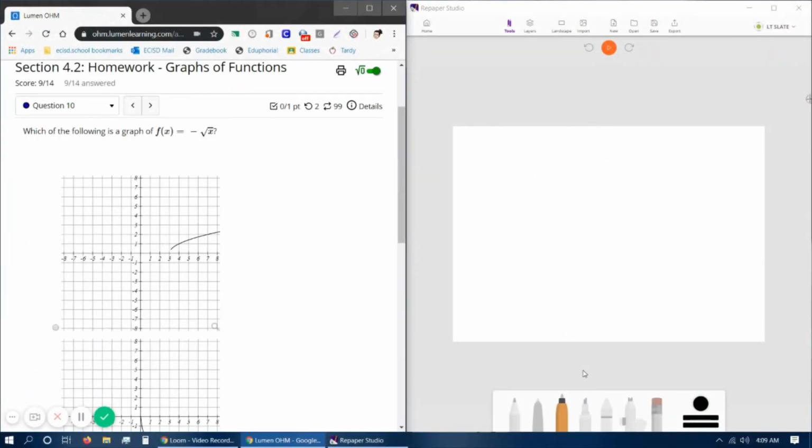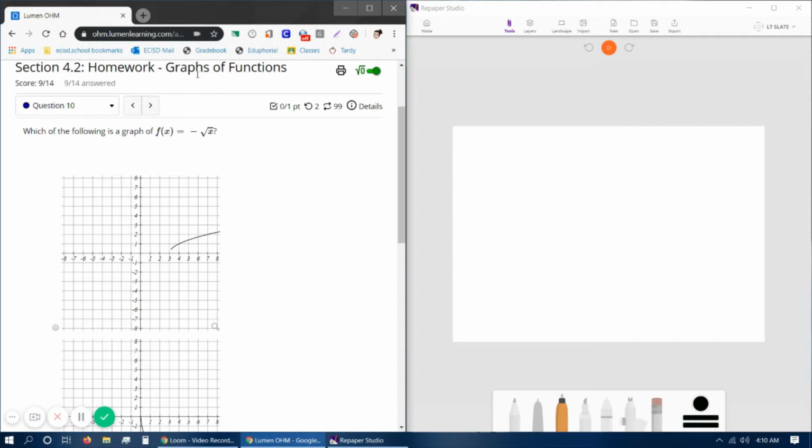Question 10 wants us to graph f of x equals the negative square root of x. The easiest way to do that is to plug in x values to create a table and then match that with the correct graph. It is important to know that we cannot take the square root of a negative number. This means the part of the function inside of the square root cannot be smaller than 0.